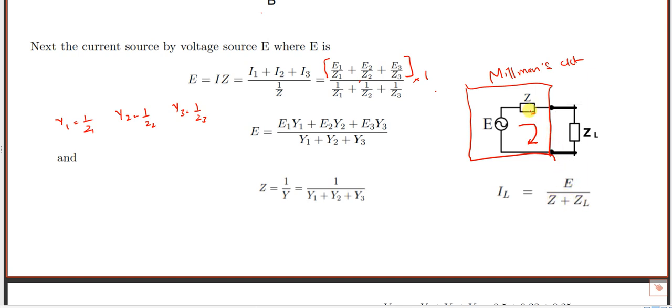Z is Millman's equivalent impedance, E is Millman's equivalent voltage, and ZL is the load impedance. So current is E divided by Millman's impedance Z plus ZL. So this is Millman's theorem.